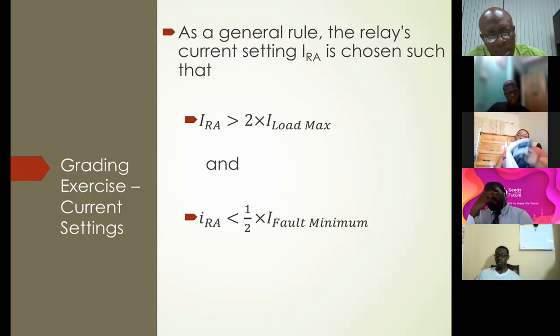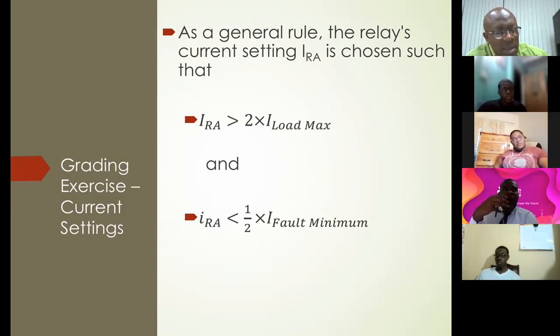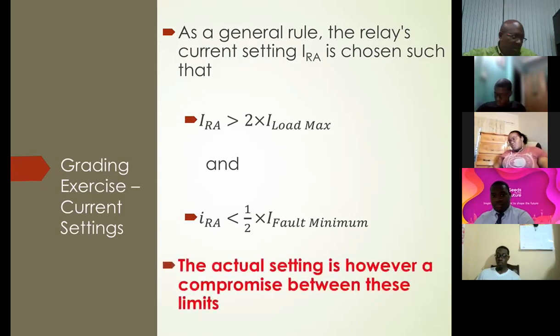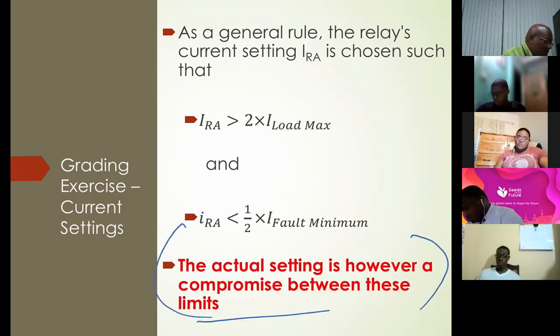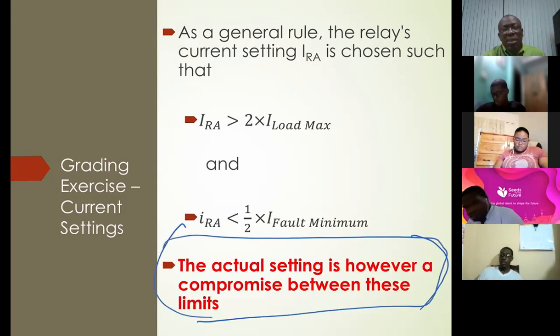And at the same time, you want to ensure that it is less than half the minimum fault current. Now, the issue is, and I have put it in red, because what you will actually select is going to be a compromise between the two, as you will see.